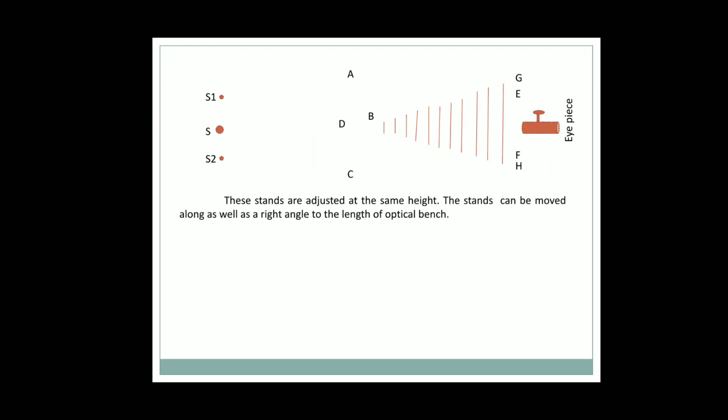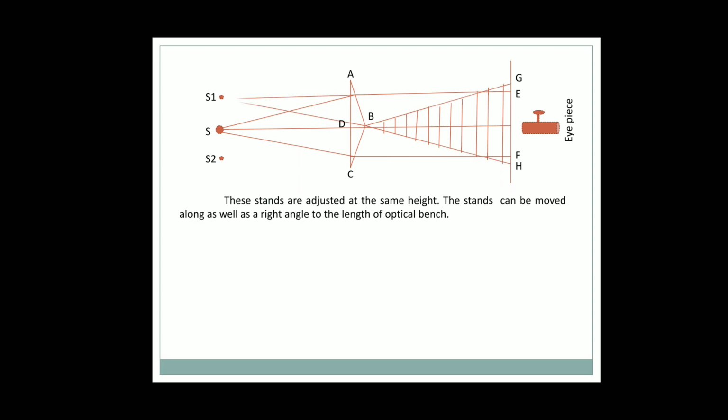The stands are adjusted at the same height, and can be moved along as well as at right angles to the length of the optical bench. Once again, A, B, C, D is the Fresnel biprism, and S is the monochromatic source whose rays are incident on the biprism and travel through it onto the screen.